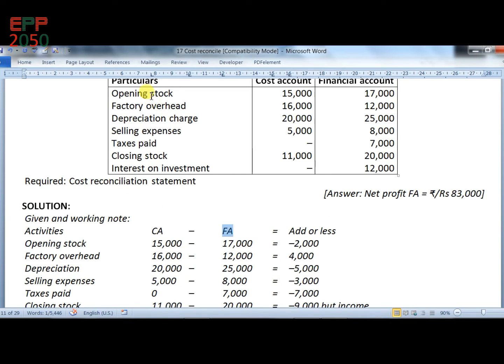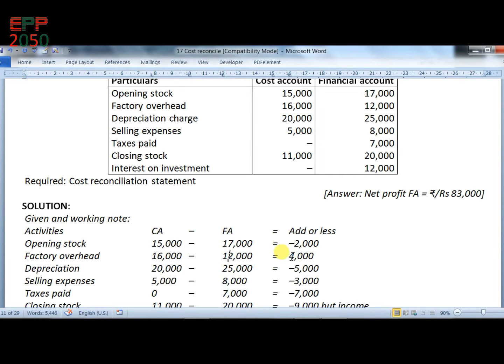So look here, opening stock. Opening stock in cost accounting 15,000 and financial accounting 17,000. After deducting 17,000 from 15,000, our answer is minus 2,000. Next, factory overhead 16,000 and 12,000.